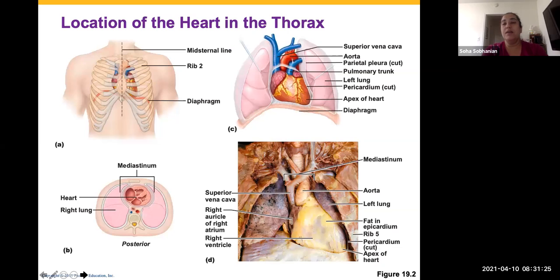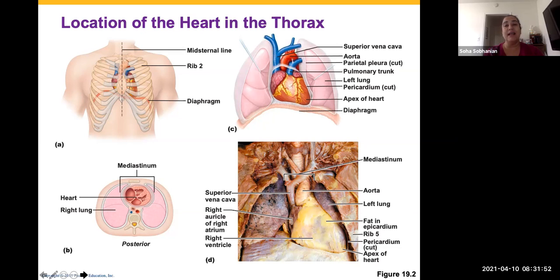Now, in terms of the positioning of the heart, that's something else that I find very interesting for you guys to know. We already discussed this when we were talking about the thoracic cavity and ventral cavities in the first lecture we did. Kind of a reminder for you guys: your heart is located within your thoracic cavity.